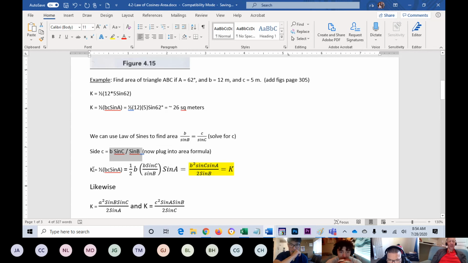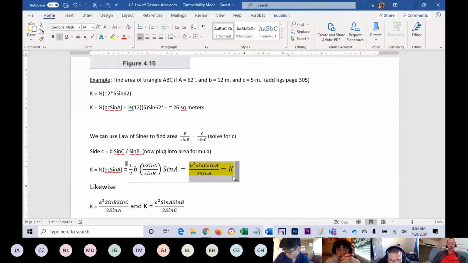So K equals 1/2 your base times your height. We can substitute that in, so 1/2 b times b sine c, times the sine of a. You're going to get this nice ugly formula: b squared sine c sine a, all over 2 sine b.